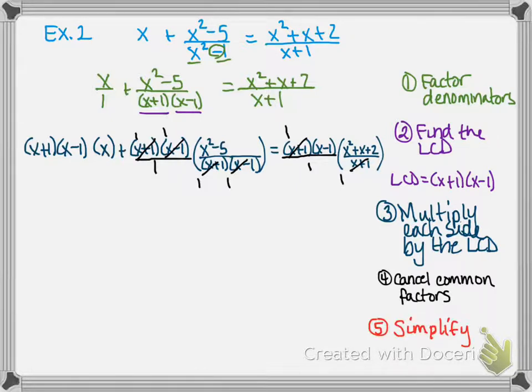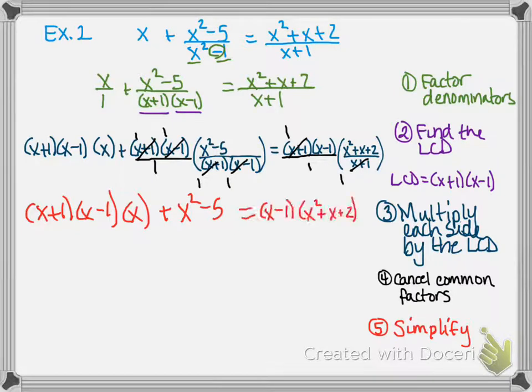Simplifying, right now we're left with x plus 1 times x minus 1 times x, plus x squared minus 5 equals x minus 1 times x squared plus x plus 2. Let's multiply. X plus 1 times x minus 1 is x squared minus 1, and it still needs to be multiplied by x, plus x squared minus 5.